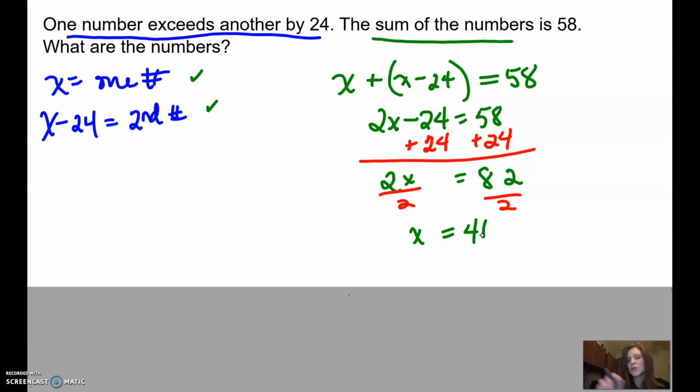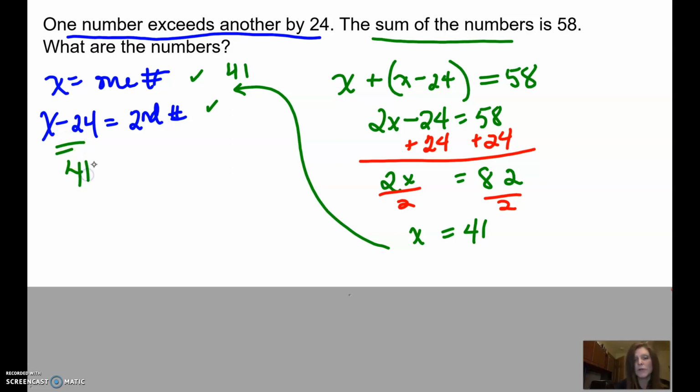Okay, so what's x? x is one number. So I'm going to put that back up here and say one number is 41. How do I get the second number? I follow the pattern, which says x minus the 24. So 41 minus 24. So my second number would be 17.